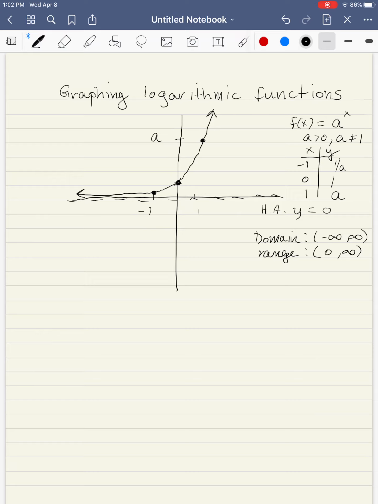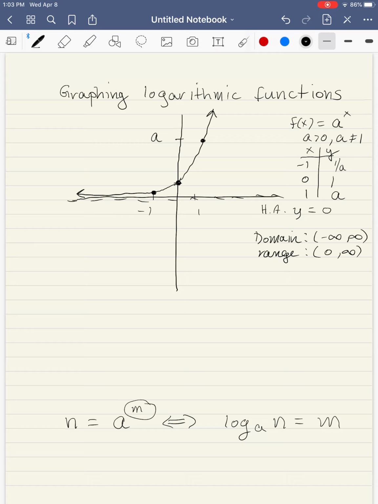What does this have to do with logarithmic functions? Remember that a logarithm is the inverse function of an exponential function. If I have n is equal to a to the m power, that's the same thing as saying the logarithm base a of n equals m.